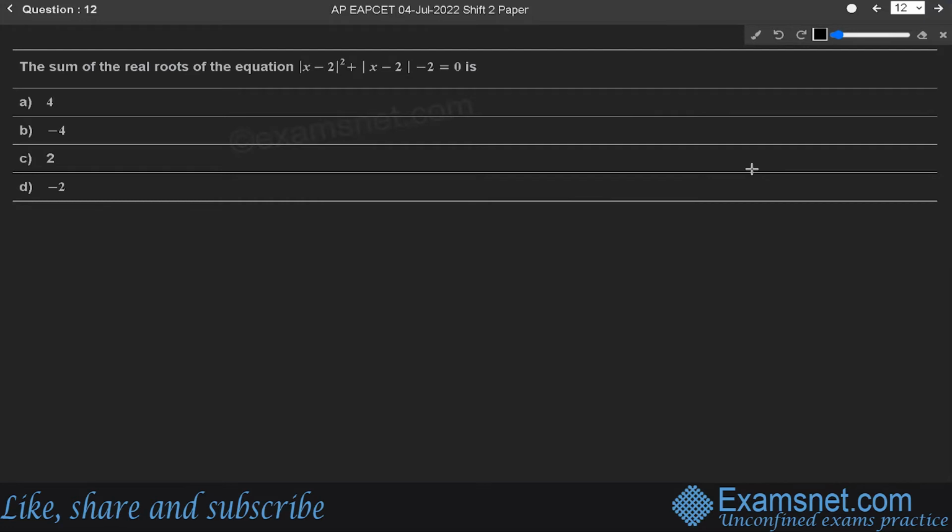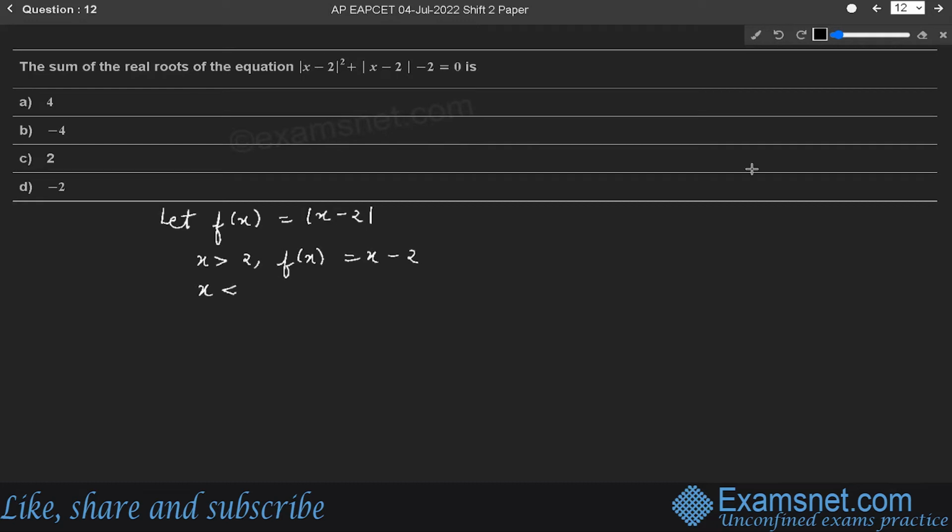Next question is the sum of the real roots of the equation mod of x minus 2 whole square plus mod of x minus 2 minus 2 is equal to 0. We have to find the sum of the real roots. So let f of x be equal to mod of x minus 2. When x is greater than 2, f of x is equal to x minus 2.